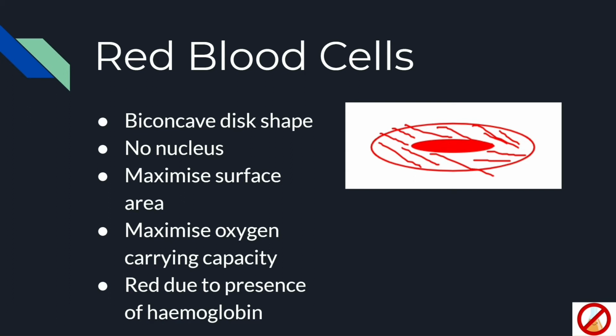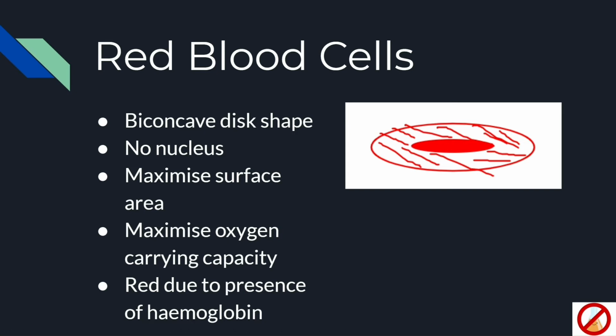Biconcave basically means it curves in, a concave shape. The special thing about this cell is that it doesn't have a nucleus. The reason is that it has to maximize the space to carry oxygen, and it has to maximize the surface area as well by having this disc shape, so it can carry more oxygen.